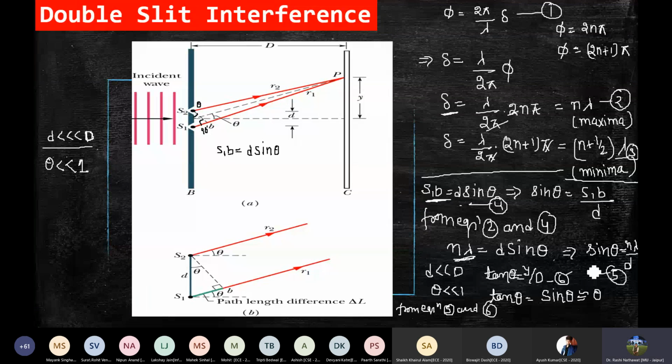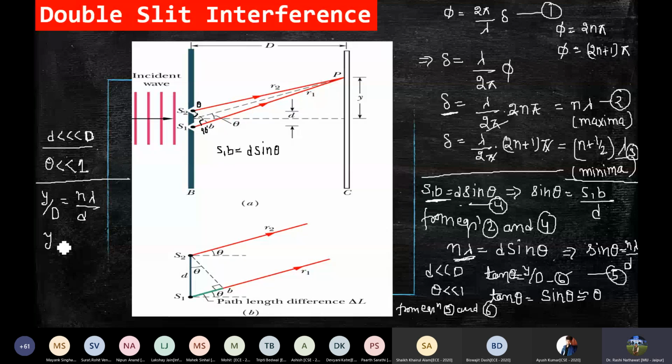Okay, now there is very little space left. So can I come over here? What I am doing here is equating equation number 5 and 6. Then it will give me y over capital D equals n lambda over small d.